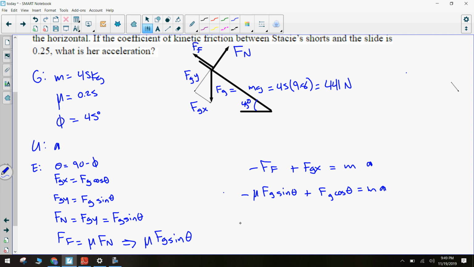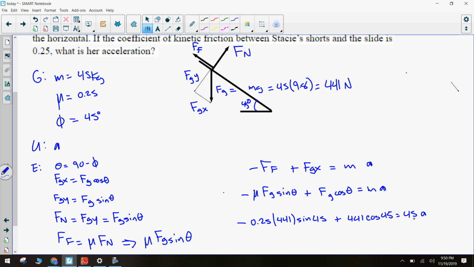Alright, so now I'll write in negative, and mu was 0.25, times Fg was 441, times sine theta, 90 minus phi, 90 minus 45 is 45, plus Fg is 441 cosine 45 equals the mass, which was, oh man, making it easy, 45, times the acceleration.